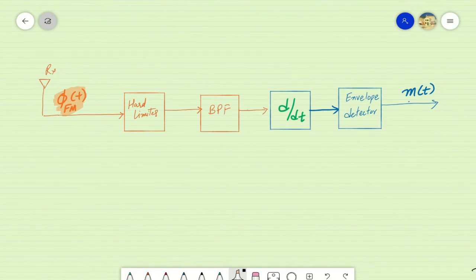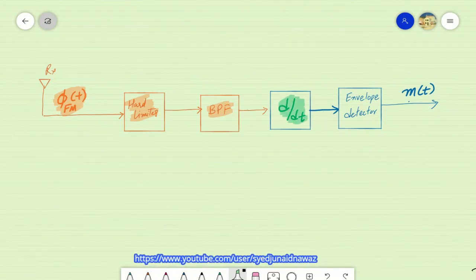Therefore, to eliminate the time variations from the amplitudes, we employed these first two blocks, the amplitude limiter and a band pass filter. Then performing the derivative of this frequency modulated signal, which has constant peak amplitudes, translates the variations from the instantaneous frequency over the peak amplitudes of the signal.